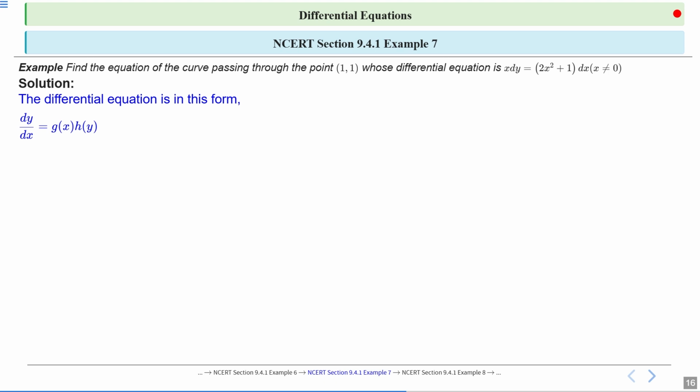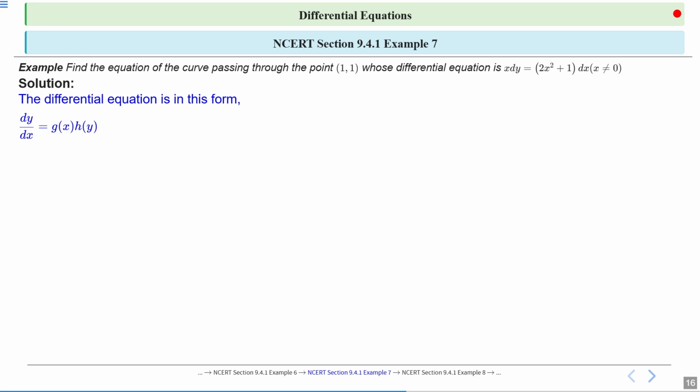The differential equation is in this form, dy by dx is equal to g(x) into h(y). As the given differential equation is x dy is equal to 2x square plus 1 dx, we can write it as dy by dx is equal to 2x square plus 1 by x, where 2x square plus 1 by x is your function g(x) and h(y) is 1.